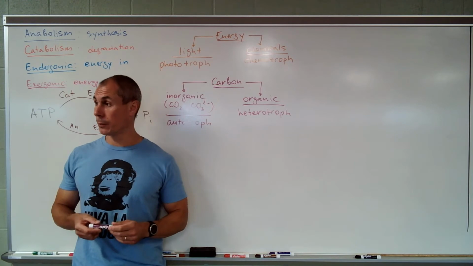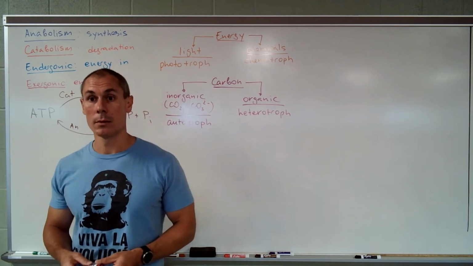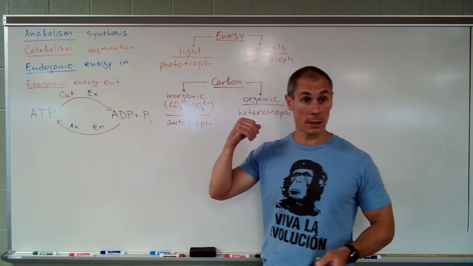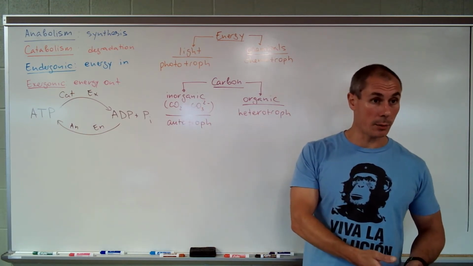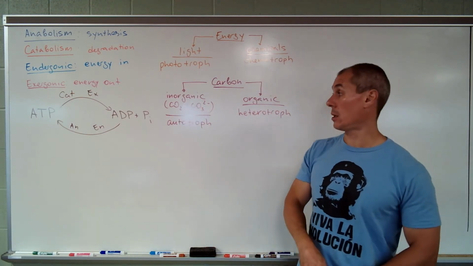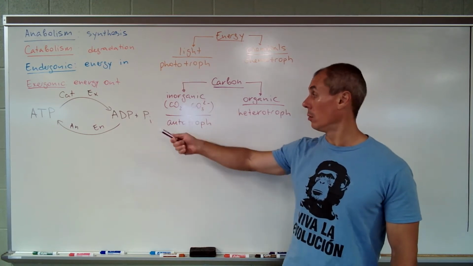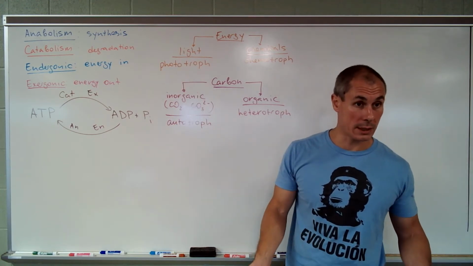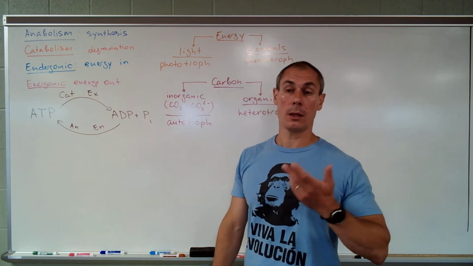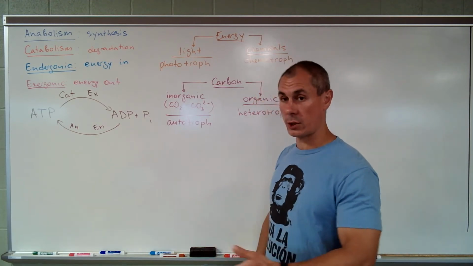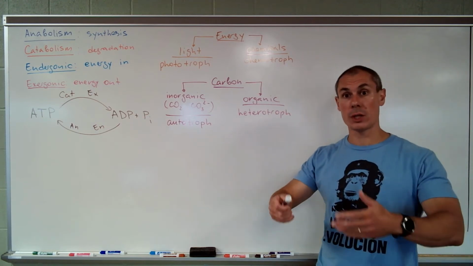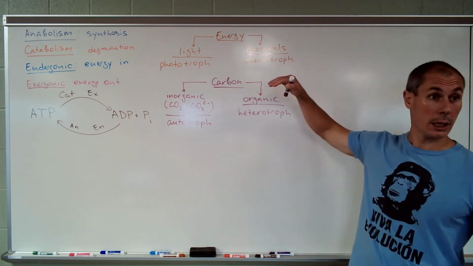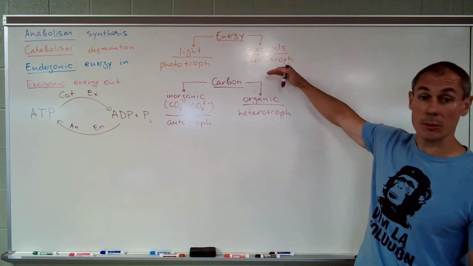So if I tell you cyanobacteria use energy of light and they can convert CO2 into organic compounds, you tell me, oh, cyanobacteria are photoautotrophs. Make sense? Fungi, most of the bacteria, they will use energy from chemicals and carbon from organic sources, chemoheterotrophs.